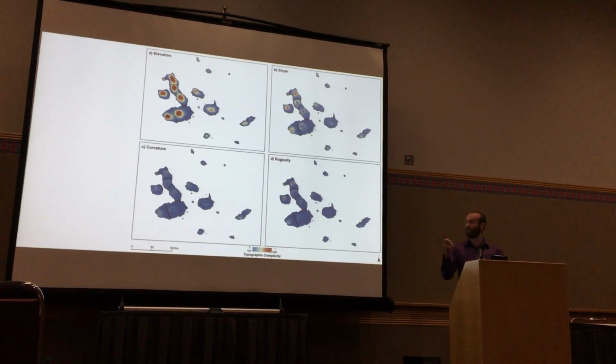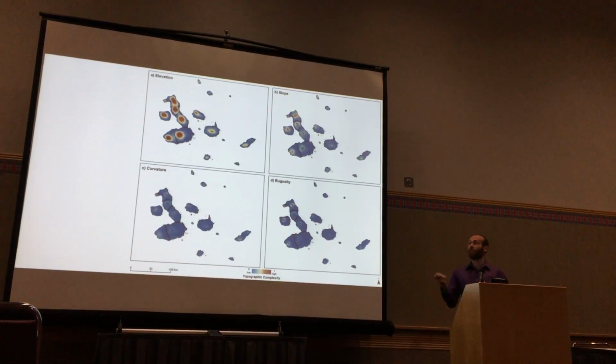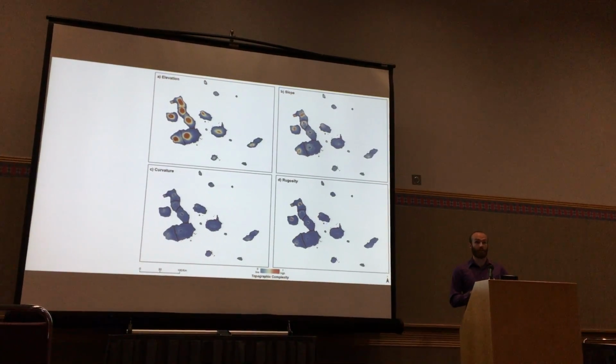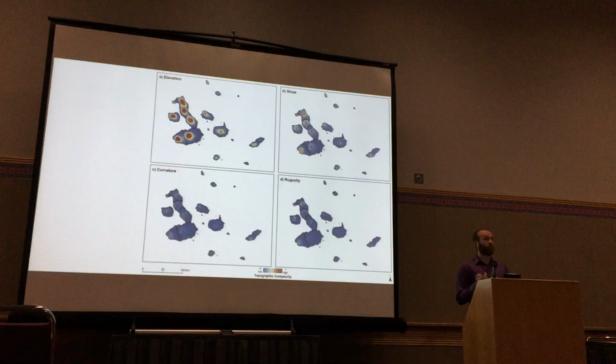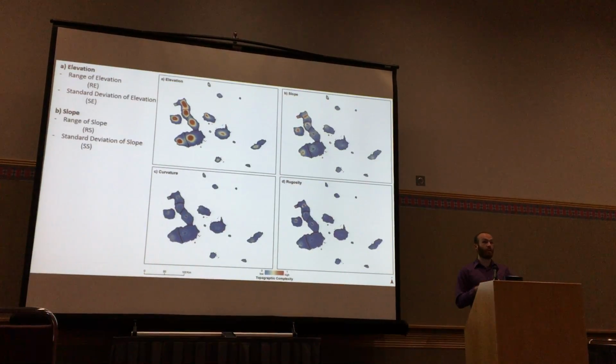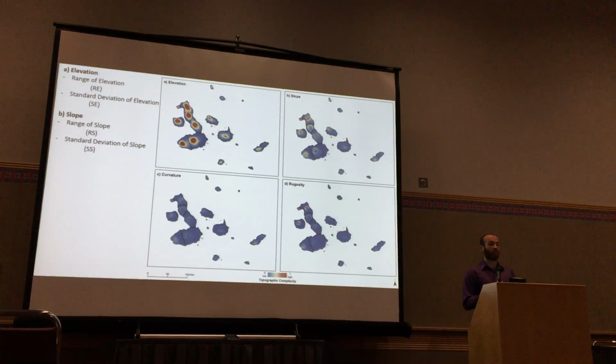To get the complexity indices in ArcMap, we created 4 maps, one for elevation, slope, curvature, and viscosity. Four really common complexity indices used are range and standard deviation of elevation, and range and standard deviation of slope.